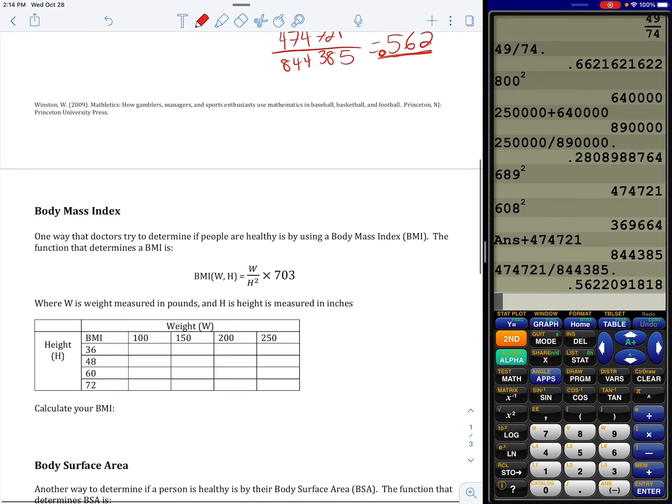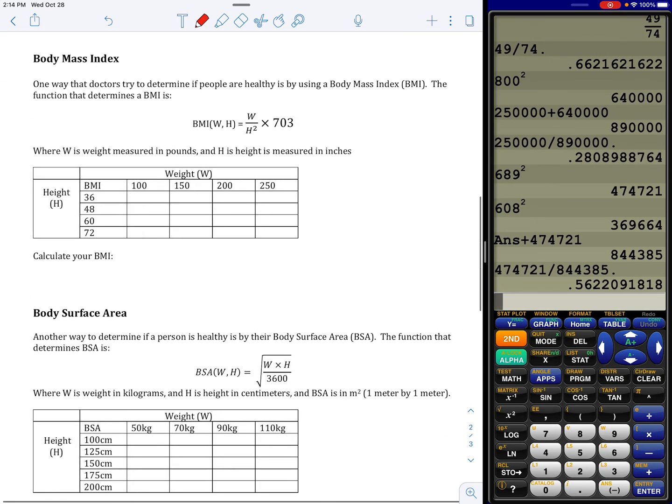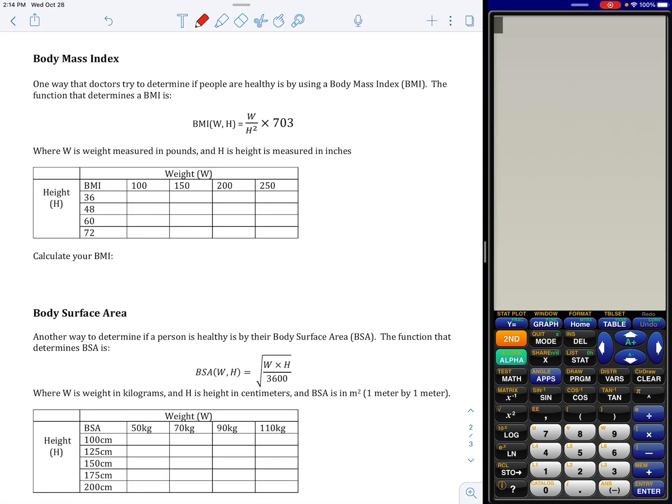Okay. Now the second one is the body mass index. This is one measurement to determine if people are healthy or not. Remember, the inputs are weight and height, and it returns a single number. Let's look at the two most extreme situations. This is a 3-foot person that weighs 100 pounds.